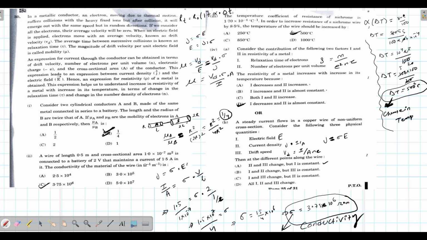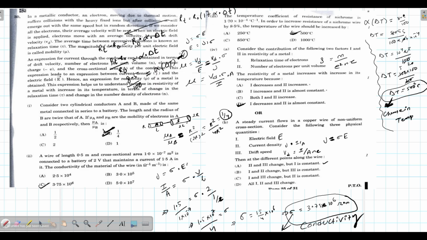So RT minus R0 equals R0 alpha delta T, so (RT minus R0) by R0 equals alpha into delta T. This is 8.5%, so 8.5 by 100 equals alpha delta T. The alpha value is given.